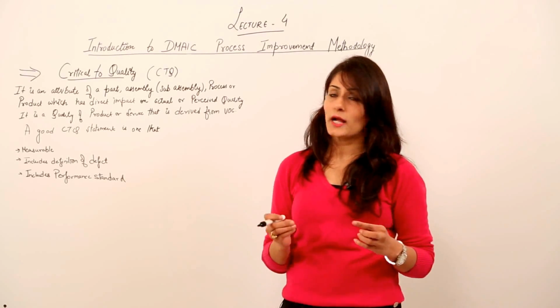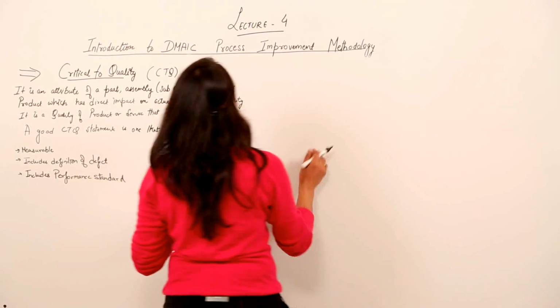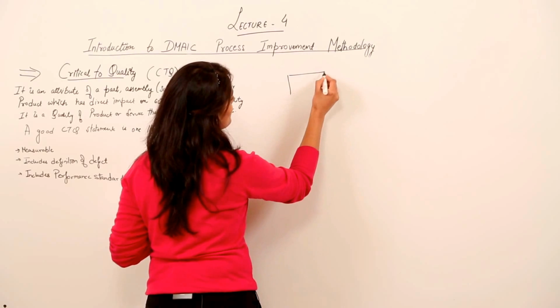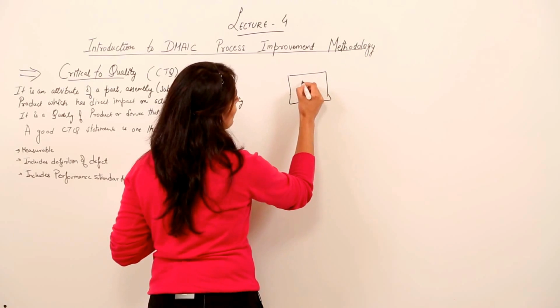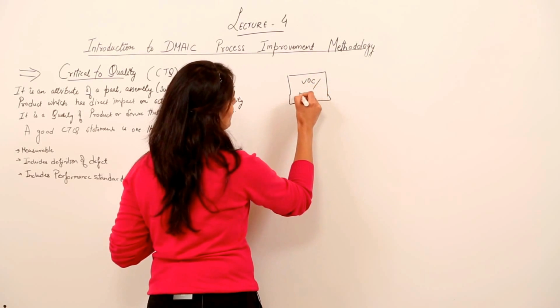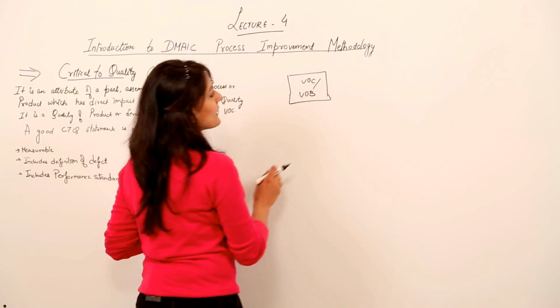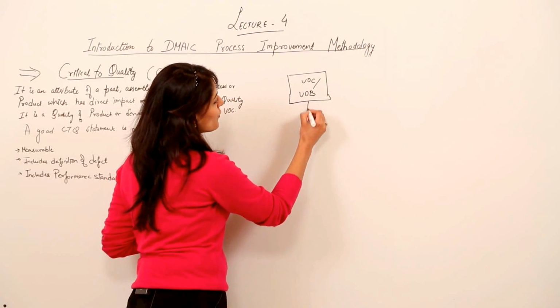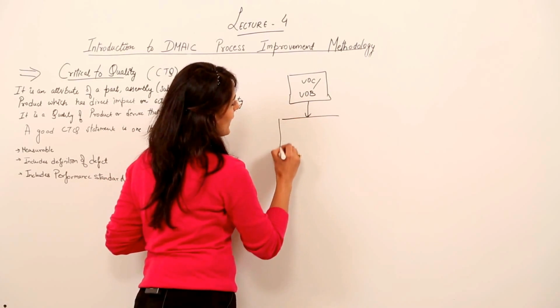And how can we do that? Okay, it can be done. The first step is this. We have our VOC or voice of business. Then from this we know what the needs and wants are.